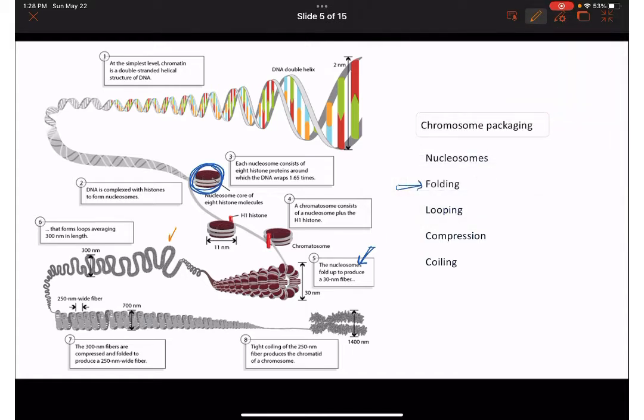And then on top of that, the DNA loops back and forth. And then on top of that, it becomes compressed.